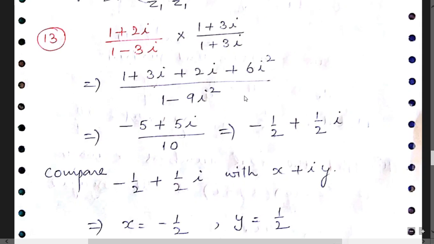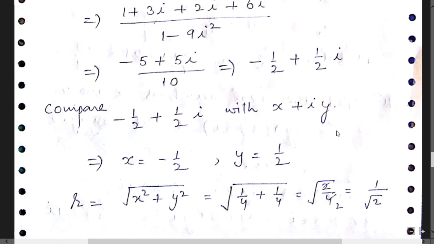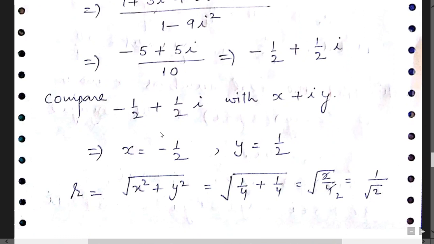The questions are almost similar. 1 plus 5 iota minus 6. It means I can write minus 5 plus 5 iota divided by 10. Then split the terms. Minus 5 over 10 can be written as minus 1 over 2, and 5 over 10 iota can be written as 1 over 2 iota. The answer is minus 1 over 2 plus 1 over 2 iota.